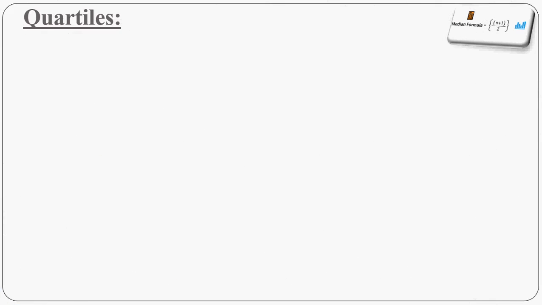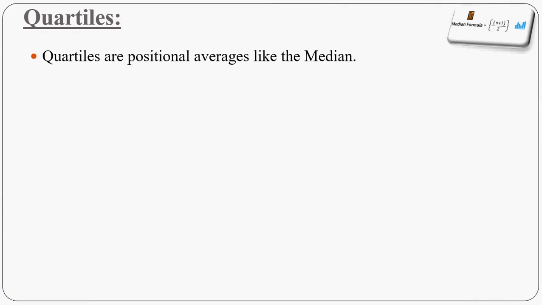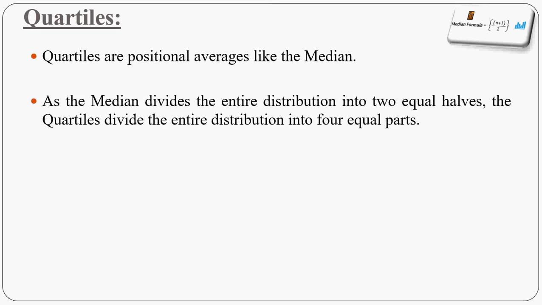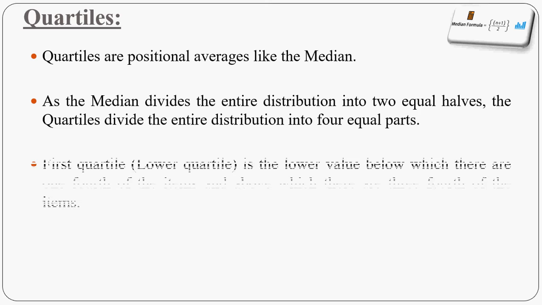Now, let me explain what is the meaning of quartiles. Quartiles are positional averages like median. As median divides the entire distribution into two equal halves, quartiles divide the entire distribution into four equal parts. So this is what we have to understand.